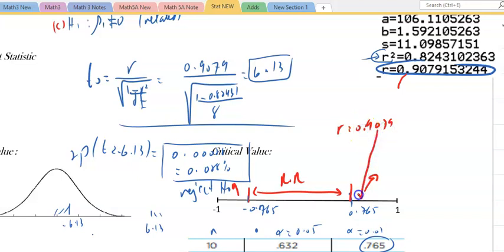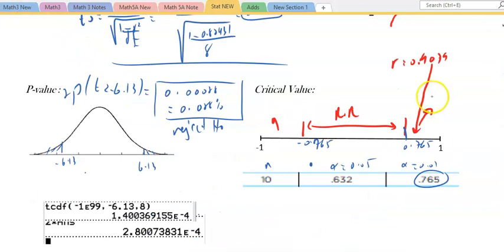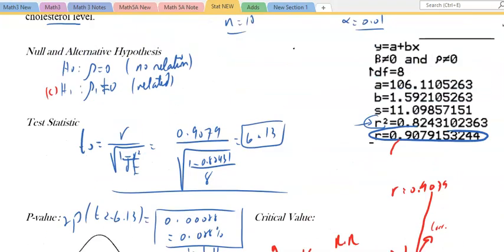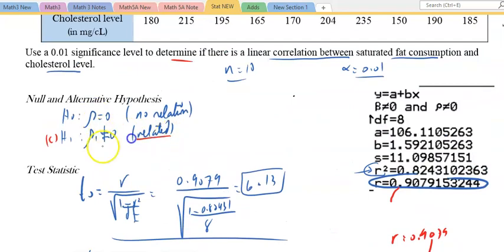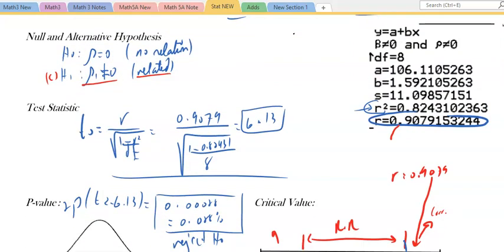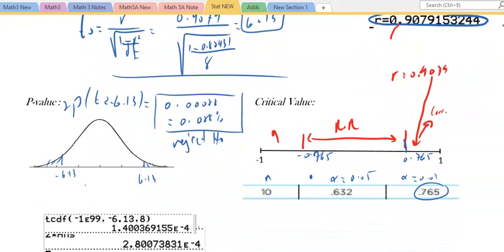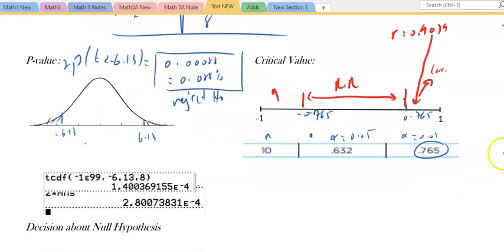So isn't that to the right? So that means they are correlated. And remember, correlated means you support the alternative hypothesis.